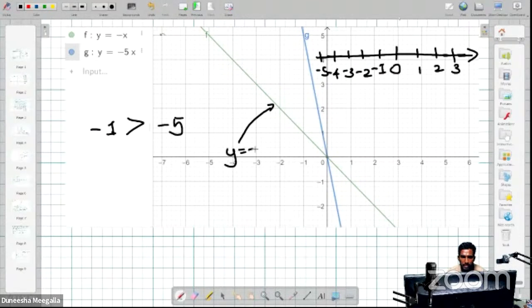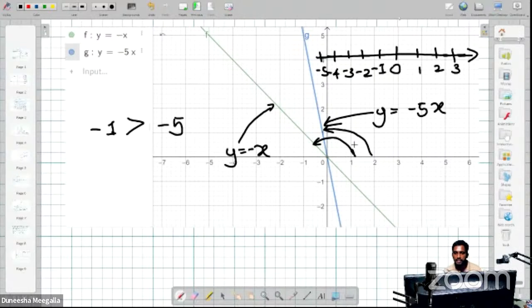y equals minus x. This is y equals minus 5x. බලන්න, who produced the greatest angle? කෝකෙන්ද ලොකුම angle එක හදන්නේ? minus 5 gradient තියෙන එකෙන්ද minus 1 තියෙන එකෙන්ද?